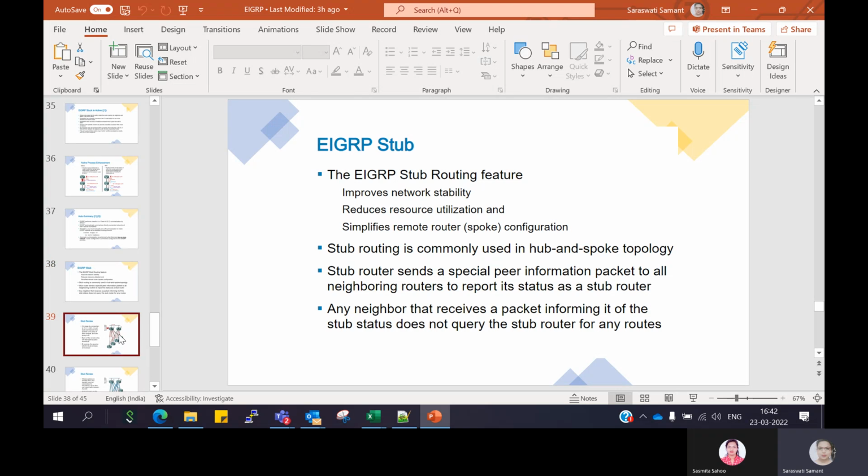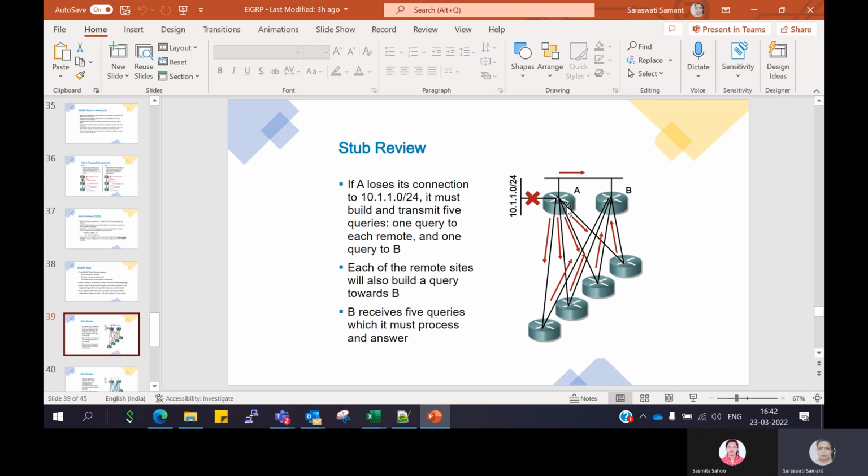Stub is something used when you've got the network and two routers in the distribution layer, and you've got routers placed at remote places, not within the same location but a bit far from the actual place. In that case, those routers will be considered stub routers.